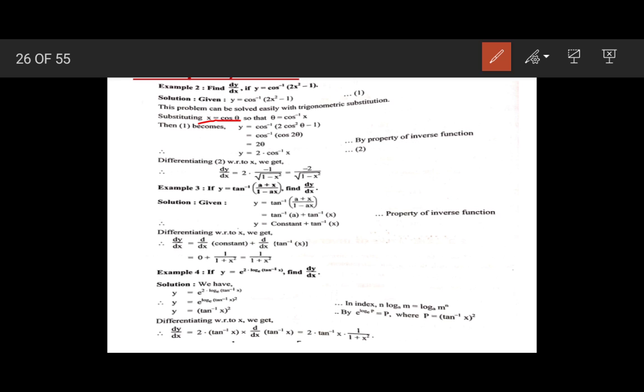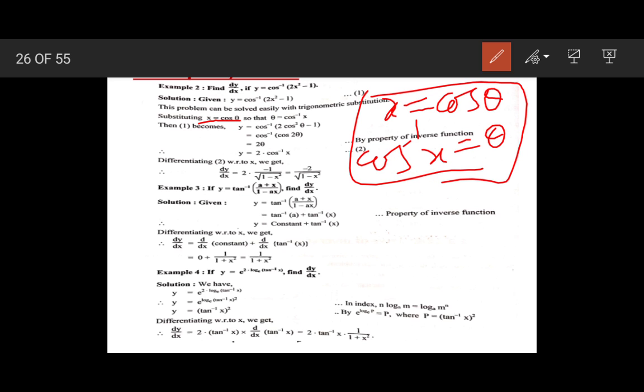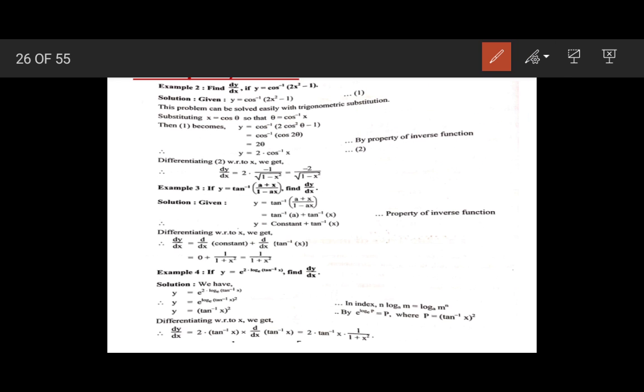cos theta. Now you know that if x is equal to cos theta, then cos inverse x will be theta, from the definition of inverse trigonometric function. So theta is cos inverse x. Now y will be cos inverse of (2 cos square theta minus 1); see very carefully, in place of x I am substituting cos theta.